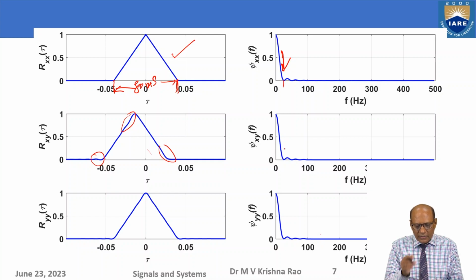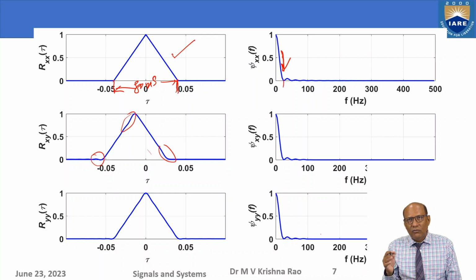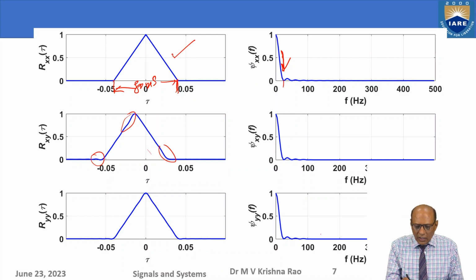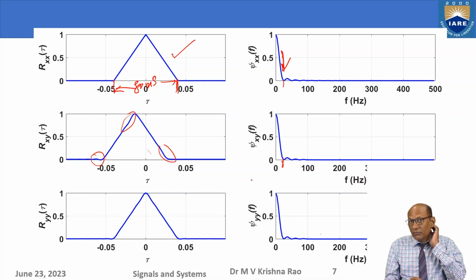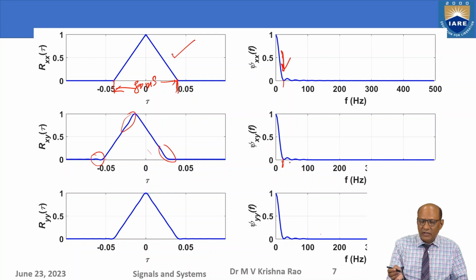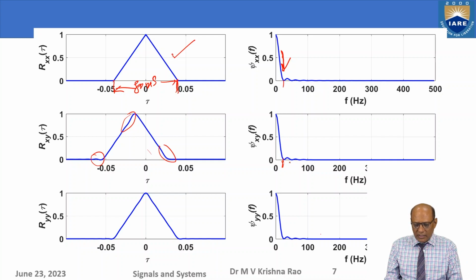And this plot looks like a cross power spectral density. So the lower frequencies in X and the lower frequencies in Y are correlated, up to 25 Hz. Afterwards also there is correlation, but it is meager.